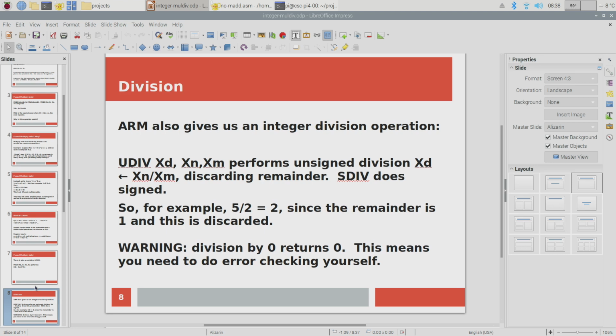As we'll see with floating point, it's a little different, because there are encodings in IEEE 754 for plus and minus infinity and also not a number, which you can use as a kind of error.